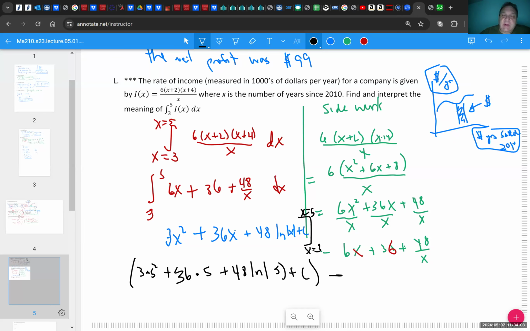And then we're going to subtract when I plug in 3. Very similar kind of calculation, but I'm substituting the value 3 instead of 5. In this case, it's 48 ln of 3, and then plus c. You probably will notice that we have a plus c and a minus c, and those are going to subtract off or cancel out, as a lot of people say.